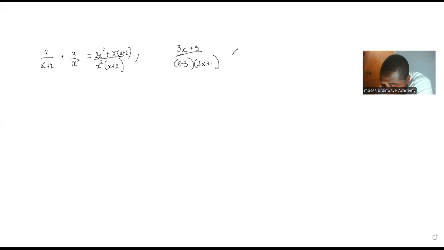Clearly, this is the same thing as 2 over x minus 3 minus 1 all over 2x plus 1. Now I have succeeded in splitting this into two fractions. That is what we call partial fraction.